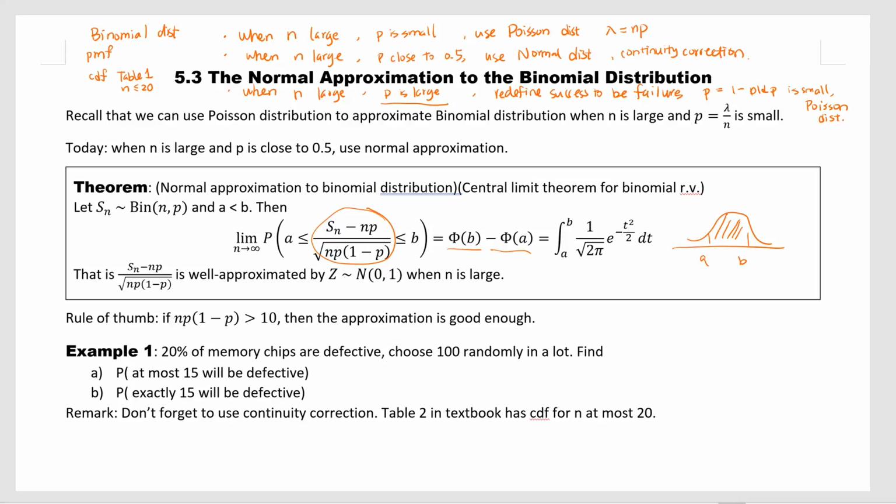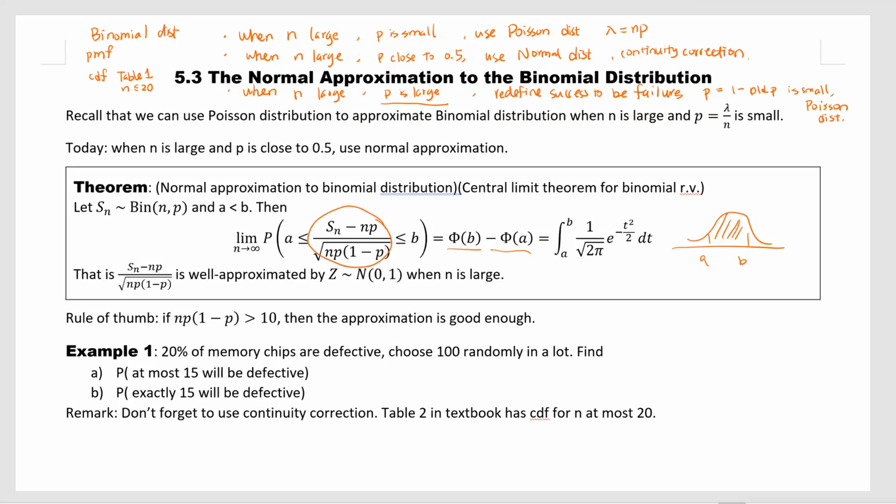By the way, we know Sn is binomial, and we can approximate it by the normal distribution. Here we subtract E[Sn], the mean of the binomial distribution, and divide by the square root of the variance, so you standardize the binomial distribution.